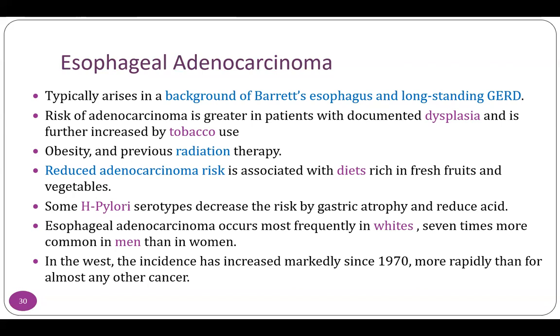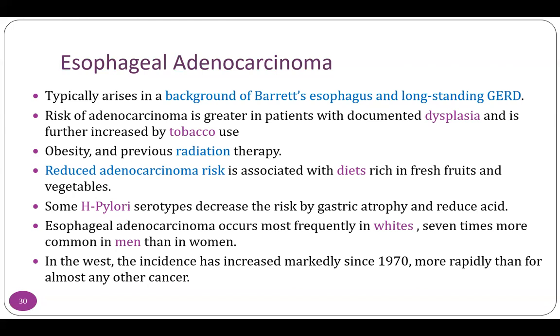Apparently, with the studies, the risk is lower with a diet rich in fresh fruits and vegetables, same as with any kind of carcinoma in the GI tract. A diet rich in fruit and fibers actually lowers the risk of adenocarcinoma. It's a clear-cut one.